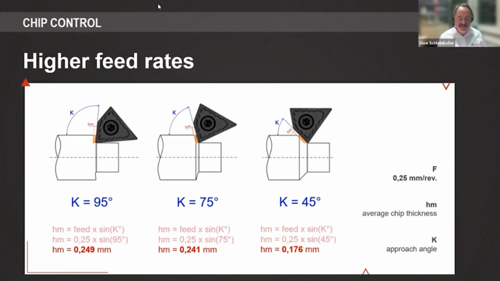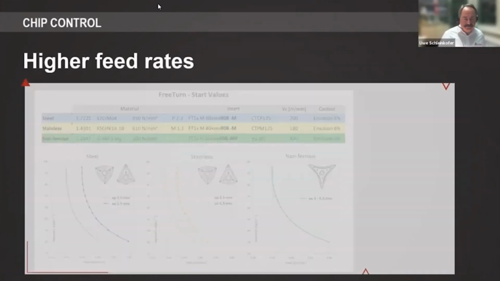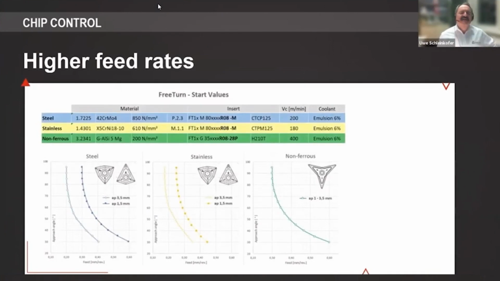And this results in what we call starting curves. So when a customer starts with a tool, he takes these curves, these graphs, and in these graphs he can see directly under which approach angle which feed rate is the best to choose.